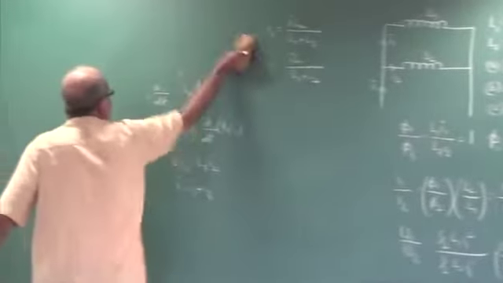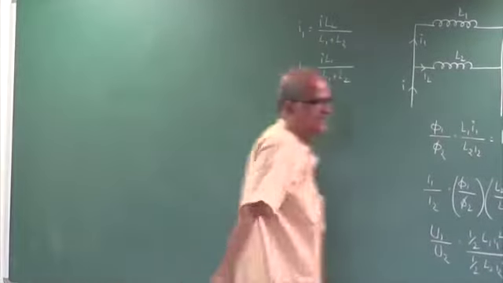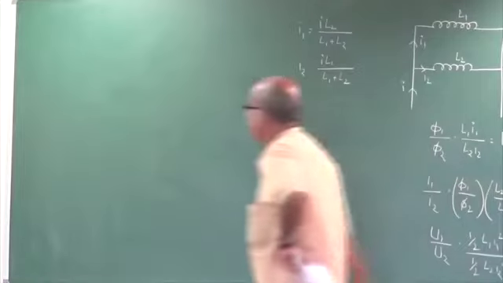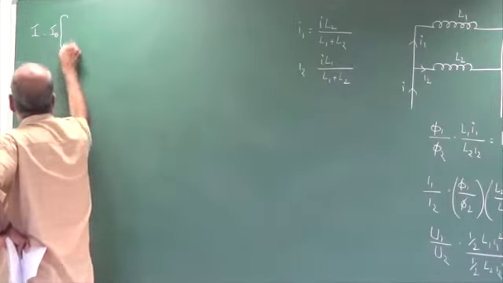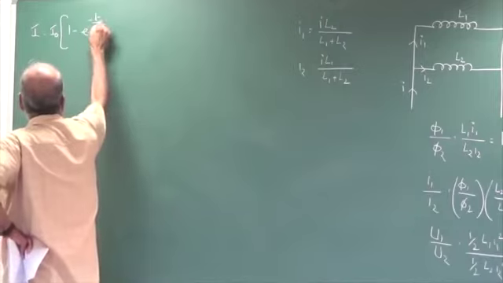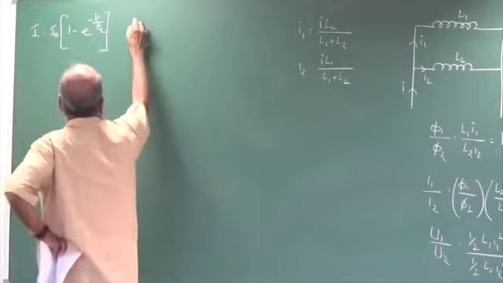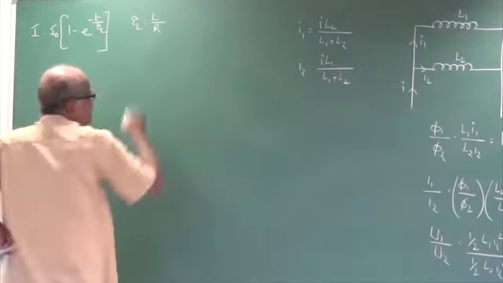Inductive time constant. As in the case of the capacitor, you can show that when t is equal to tau, I is equal to I naught times (1 minus e to the power minus 1). Correct?